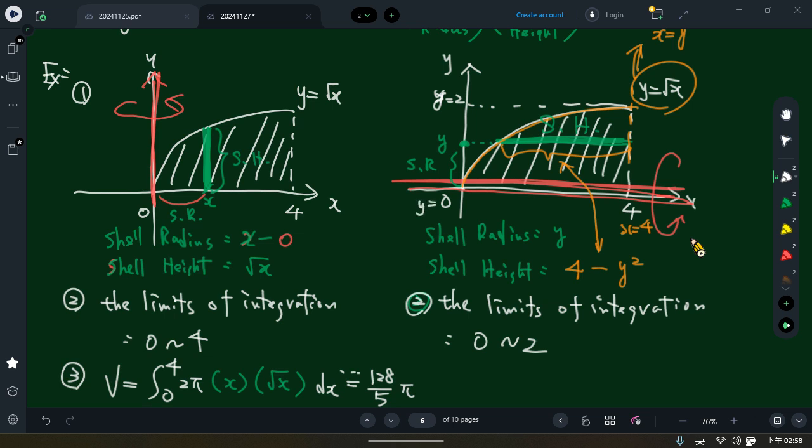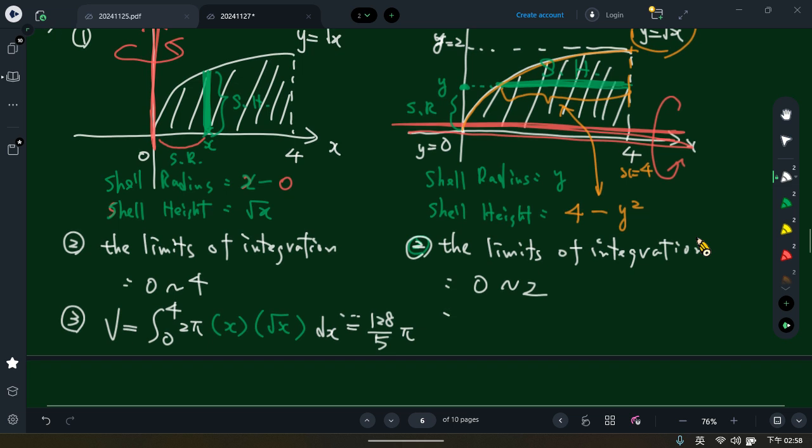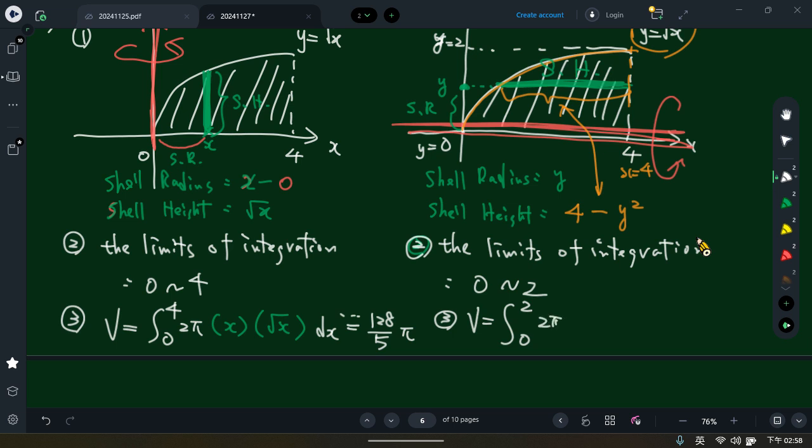Okay, so then we just put them together. V is equal to the integral from 0 to 2 of 2 pi times shear radius times shear height dy. So the result is still 8 pi.